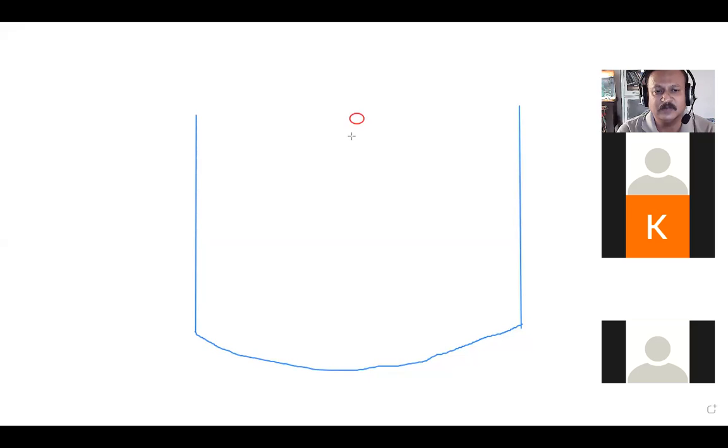Okay. So what I'm going to do now is draw these two situations. One is where the tube is at an angle of 45 degrees.